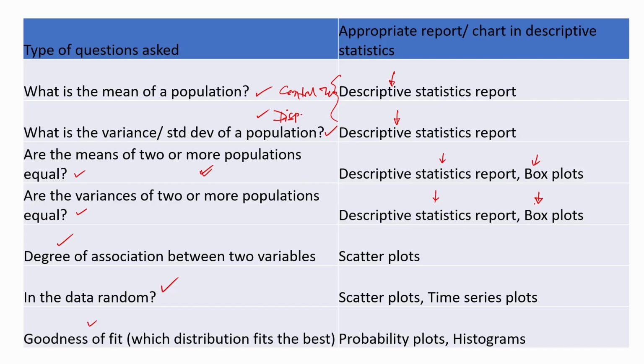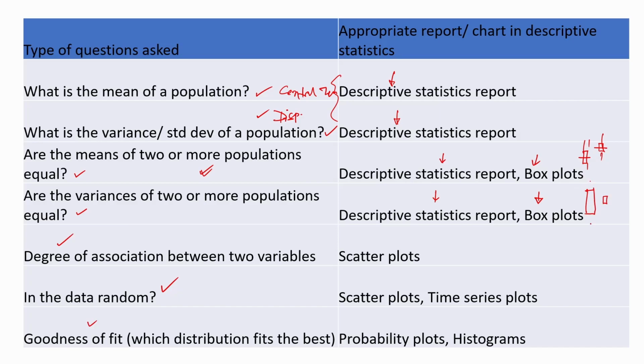If you remember, we used multiple box plots for multiple days. For example, the comparison between Monday and Tuesday can be done by the box plot of Monday and the box plot of Tuesday. The central tendency will be determined based on the median position, and the variance will be determined in terms of the size of the box plot.